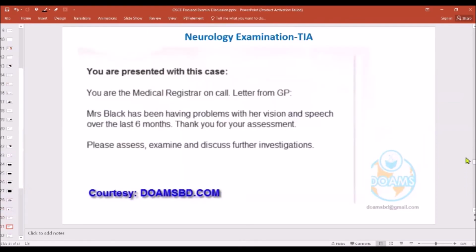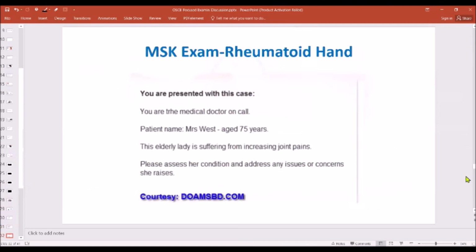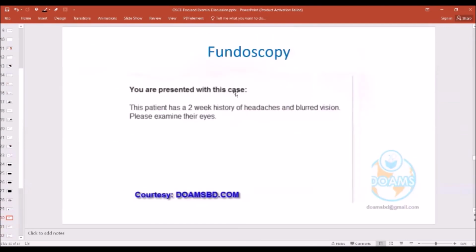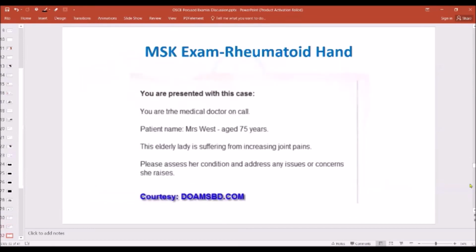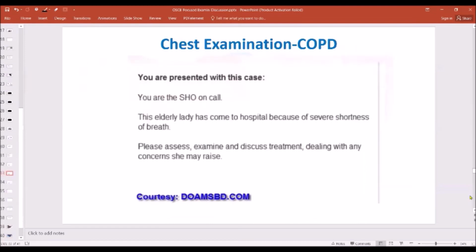Usually fundoscopy is not needed to be done by yourself until today, but in future it may be included. But fundoscopic findings, you need to know. That is the fundoscopic picture. We have already had a fundoscopy session. You can get it again on YouTube. And neurology examination, maybe upper limb or lower limb. Musculoskeletal, especially the rheumatoid hand.